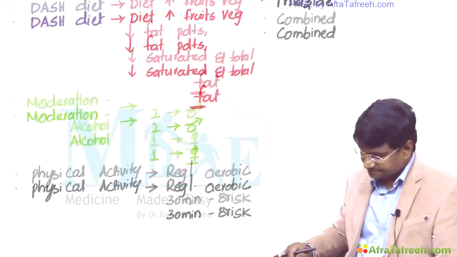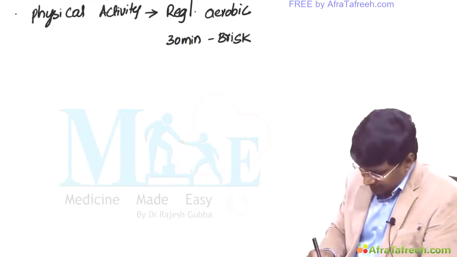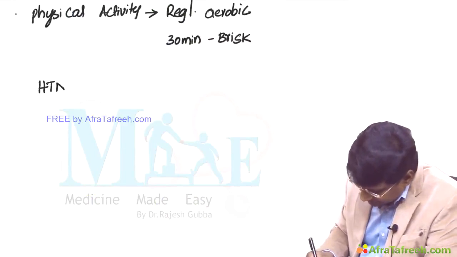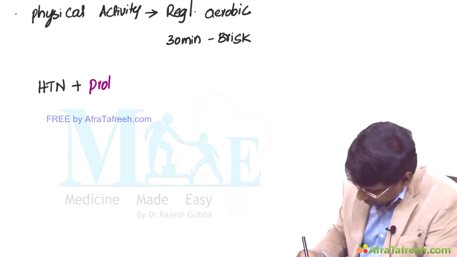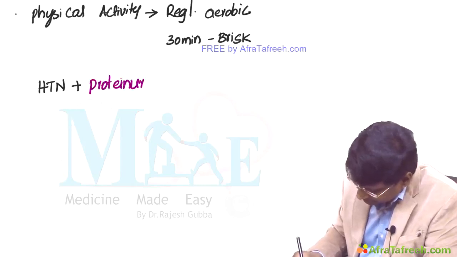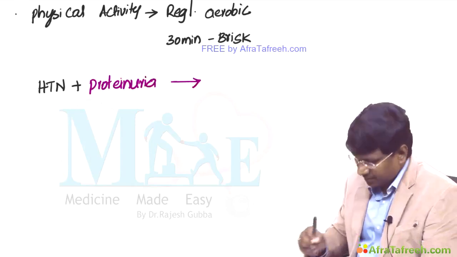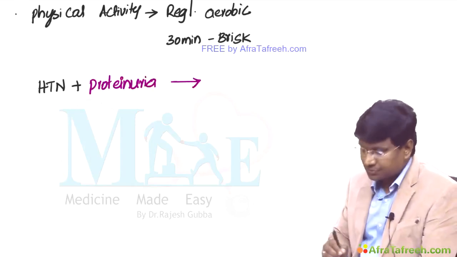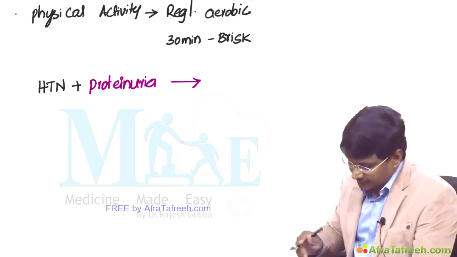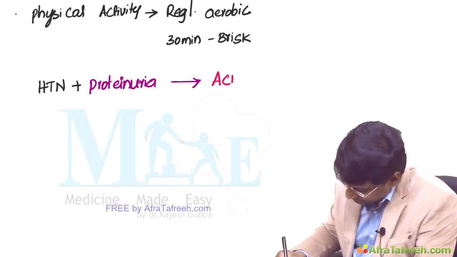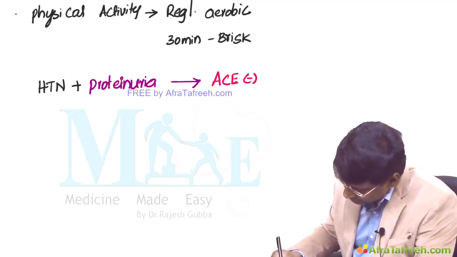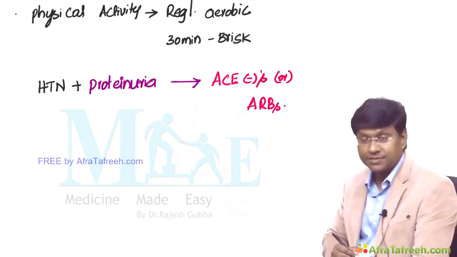For example, if the individual is having hypertension along with proteinuria, in this clinical scenario, the group of drugs you have to give is ACE inhibitors or angiotensin receptor blockers.